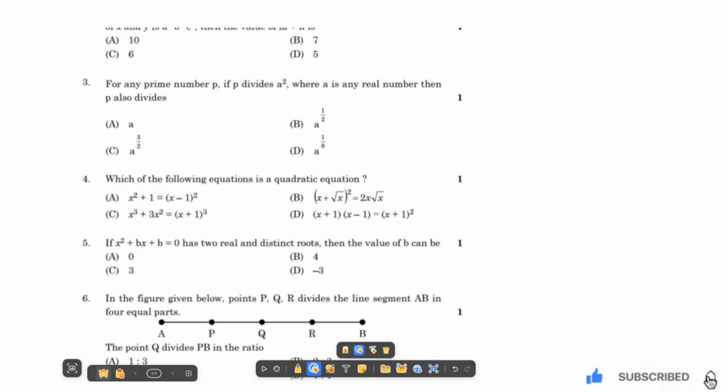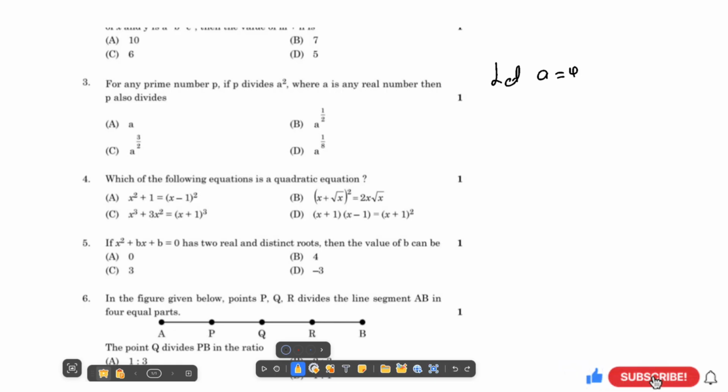For example, let us think that a is 4 and p is 2. So here, what is a square value? A square value is 4 square, which is equal to 16.